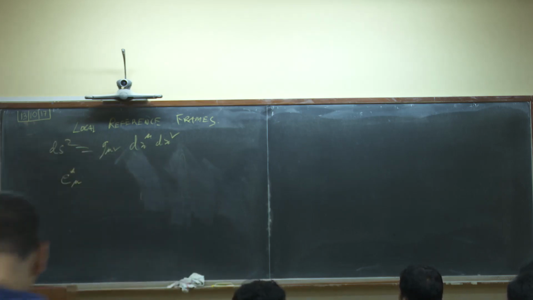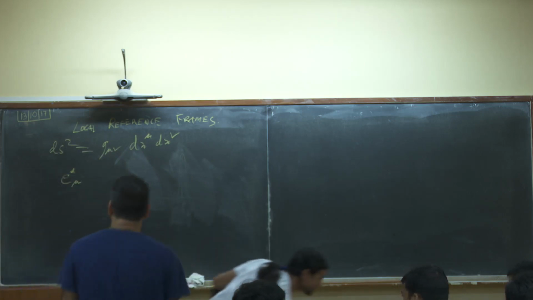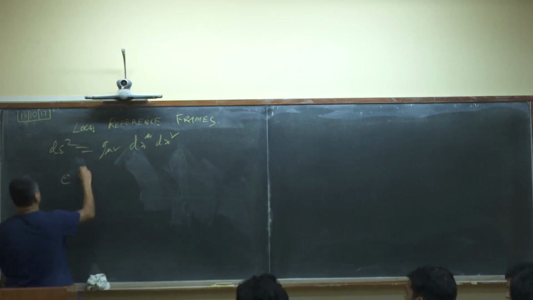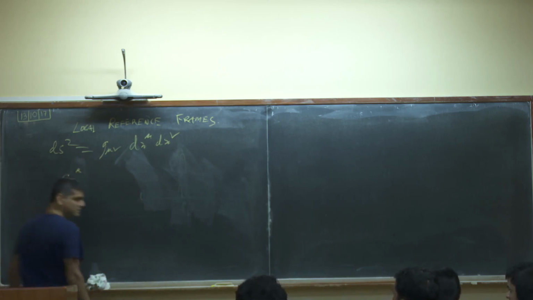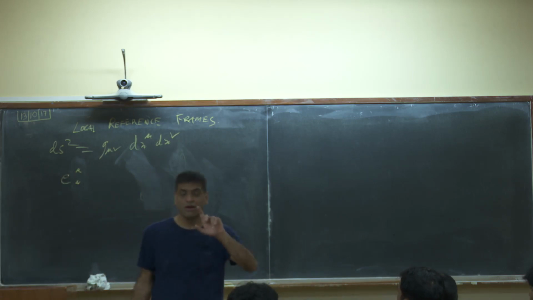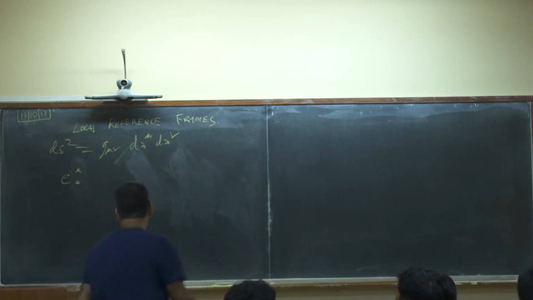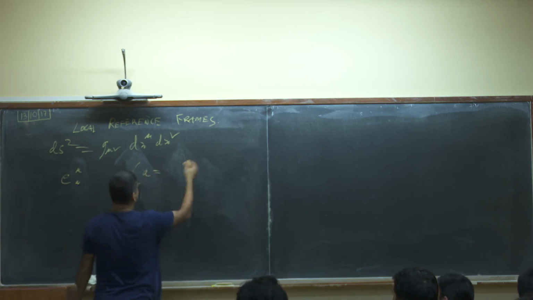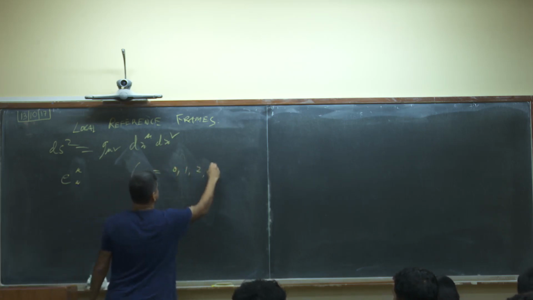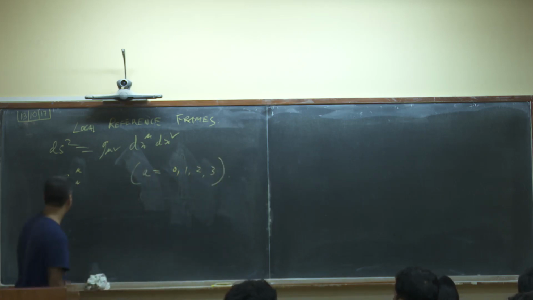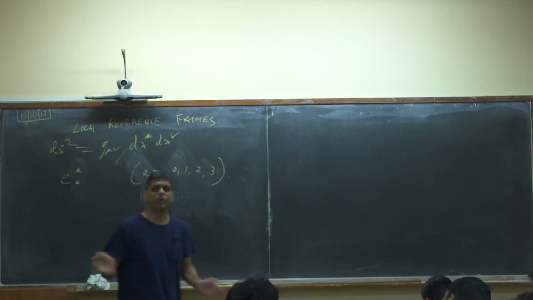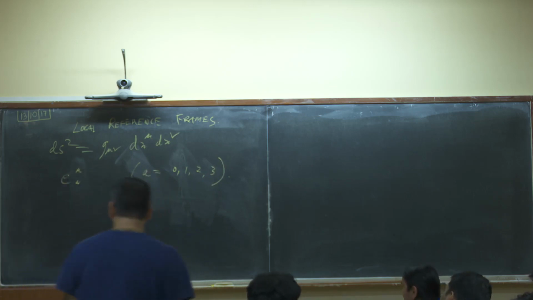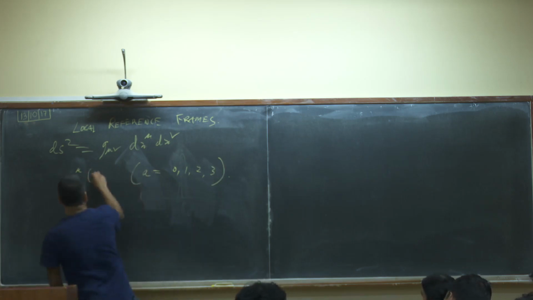Maybe I'll start with vectors. I choose a set of vectors E A mu, where A runs from 0 to 3, and mu runs over the various coordinates of spacetime. I will choose these vector fields.